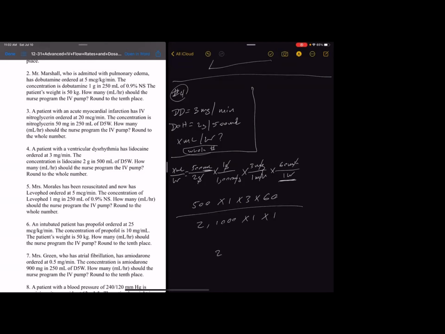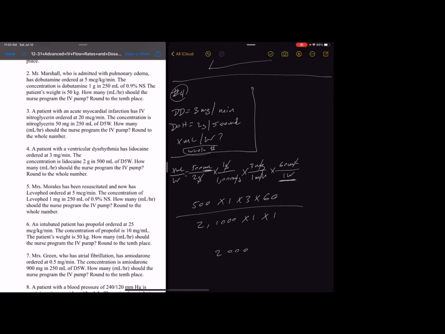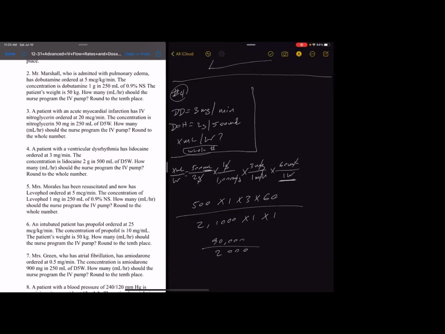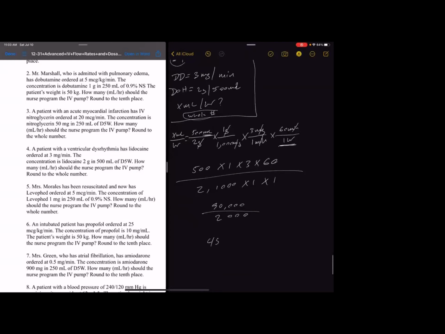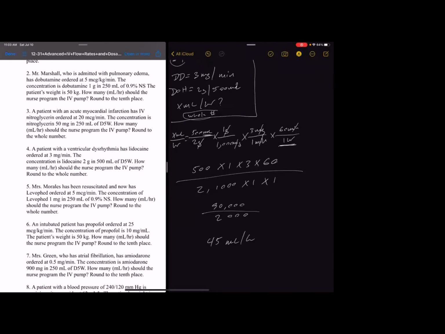Bottom one's going to be 2,000 easily. 500 times 3 is 1,500. 1,500 times 60 is 90,000. The numerator is 90,000. 90,000 divided by 2,000 is 45. 45 mLs per hour. Final answer?